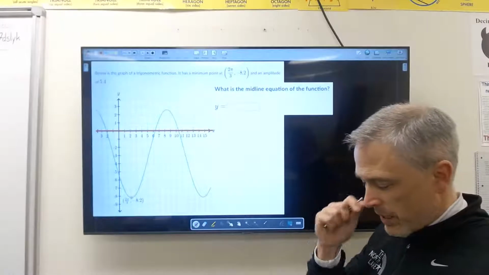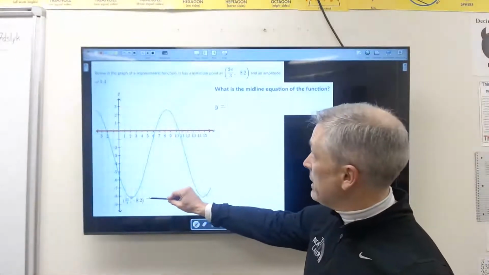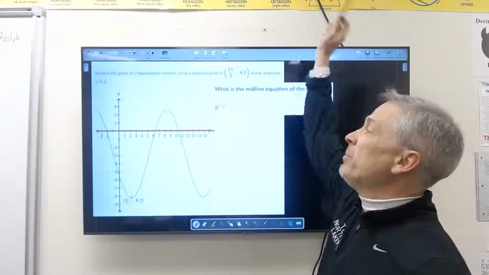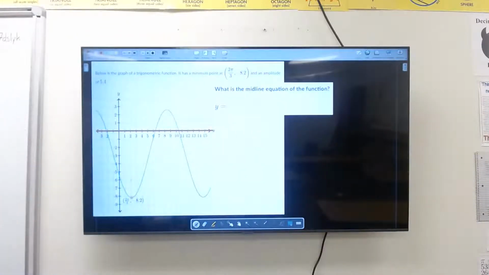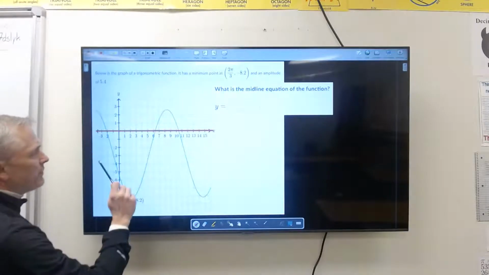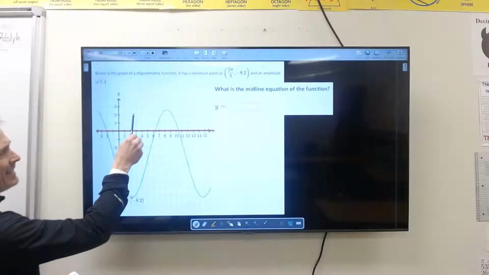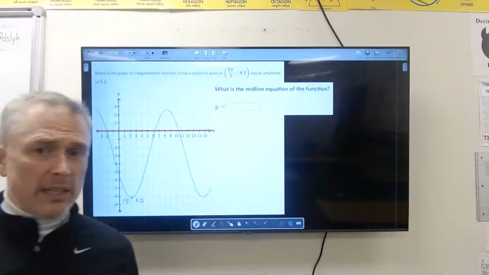What is the midline equation of the function? Our bottom part is at negative 8.2. And the amplitude, that's how far up and down it goes, is 5.4. Now, if you just look at this, you're like, well, wait a minute, is it from here to there 5.4? Well, this is 8, and then 9, and 10, and some change.